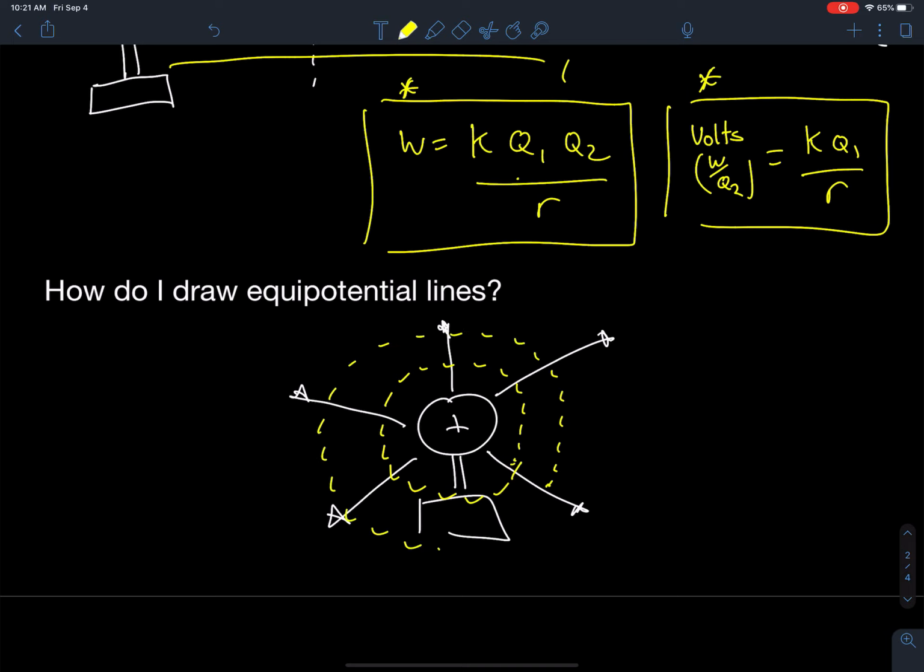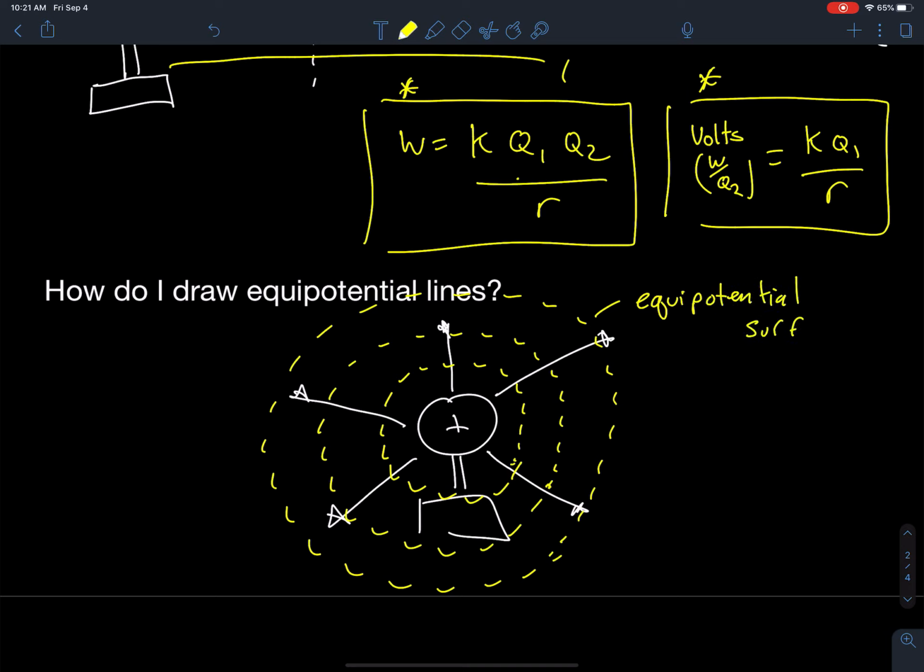Probably could have done that using a different tool, but it's okay. So these concentric circles are called equipotential surfaces or lines. Those equipotential surfaces mean that if I follow that arc, if I follow that circumference, the radius is always the same.